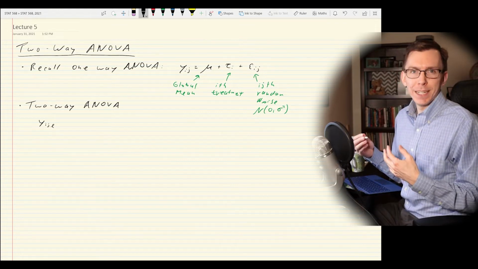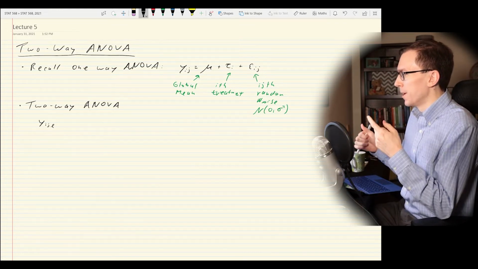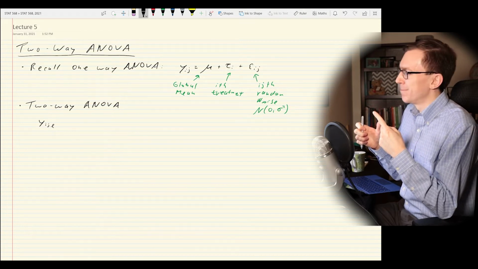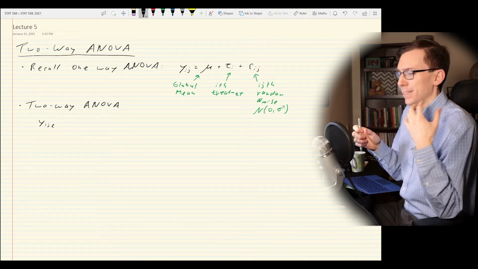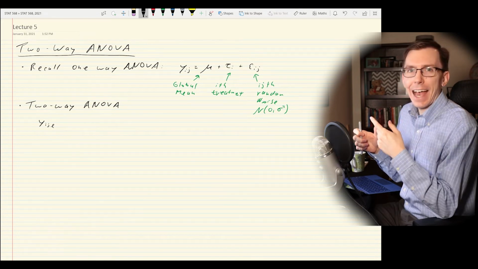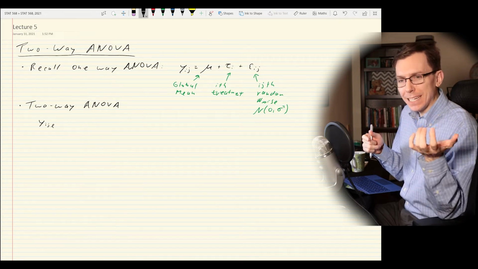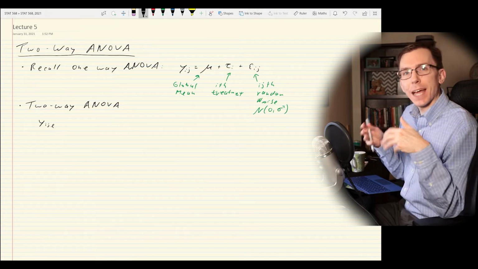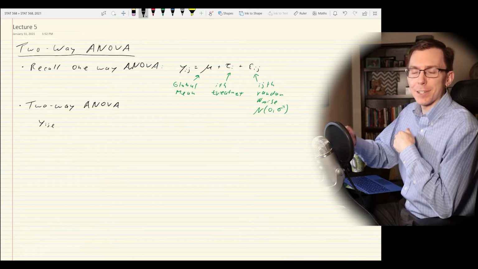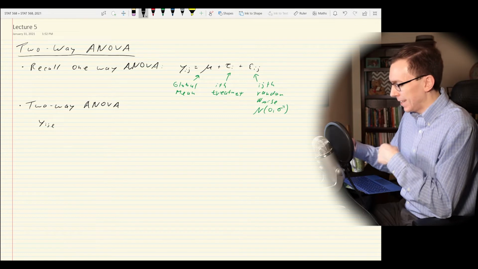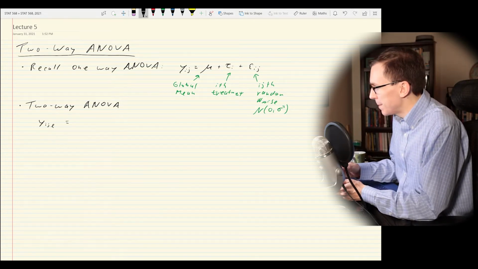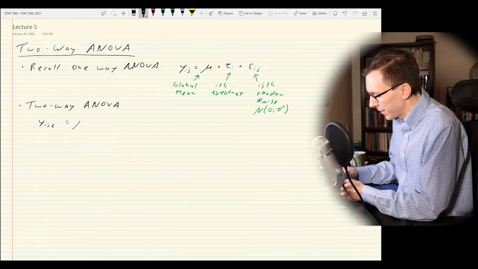So now we have a triple index for, basically, treatment, let's say, factor A at level i, factor B at level j, and the replication, because we have to replicate now to be able to test for an interaction, replicate l. So I'll write that all out, and then it'll maybe make it a little bit clearer.